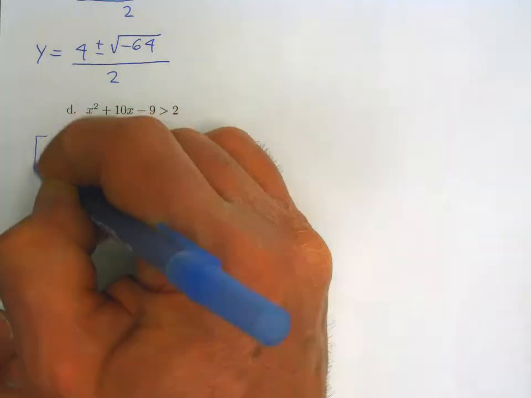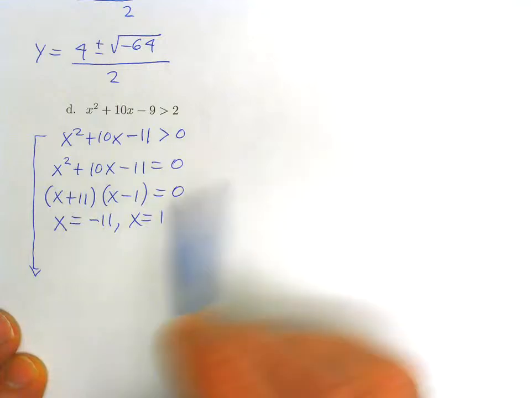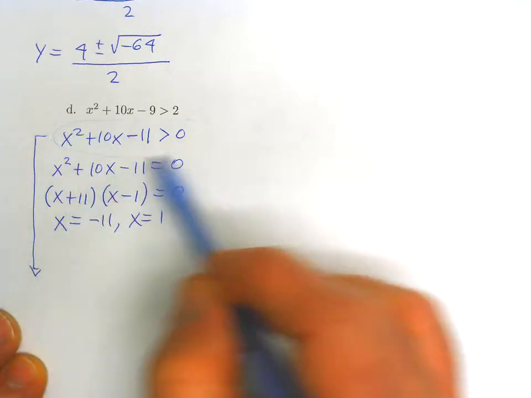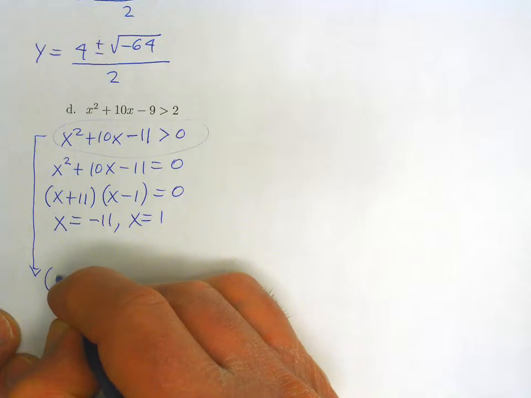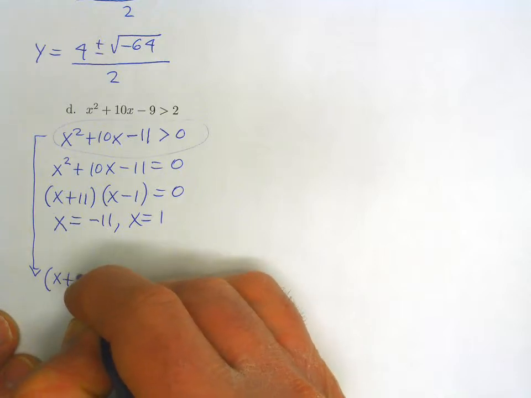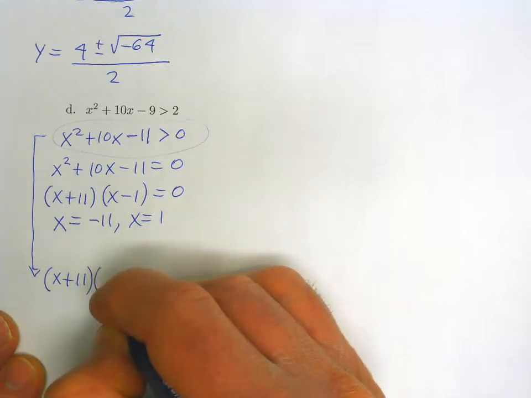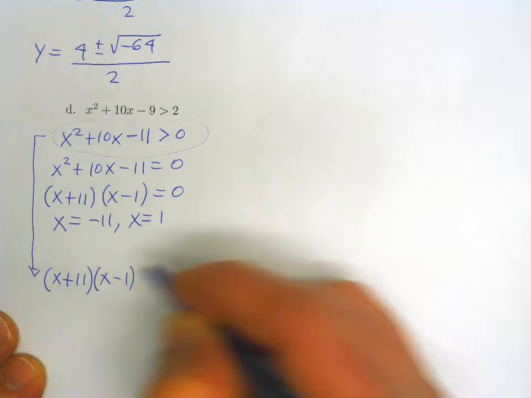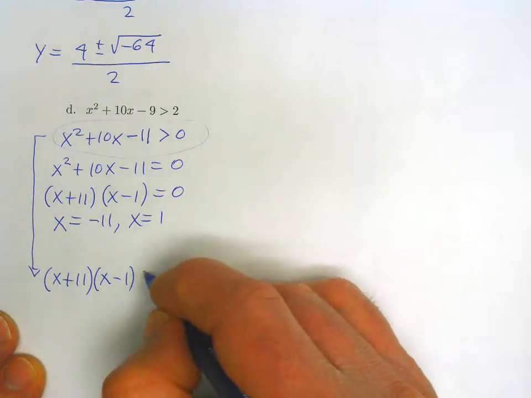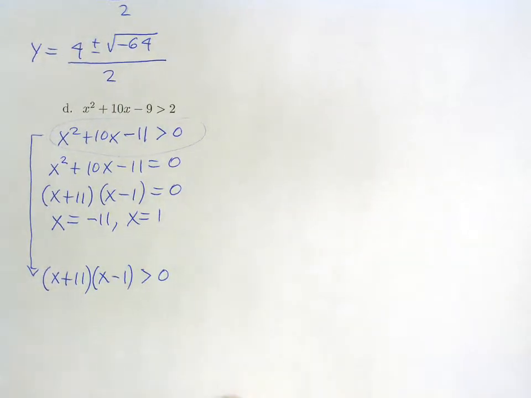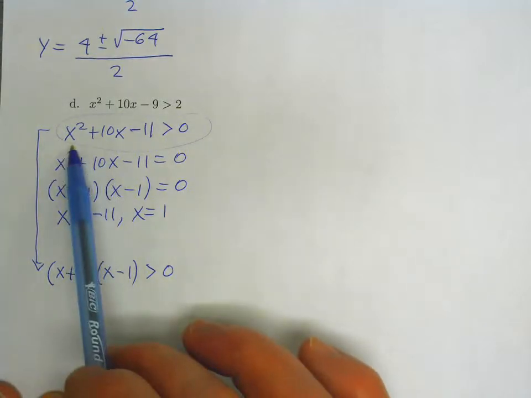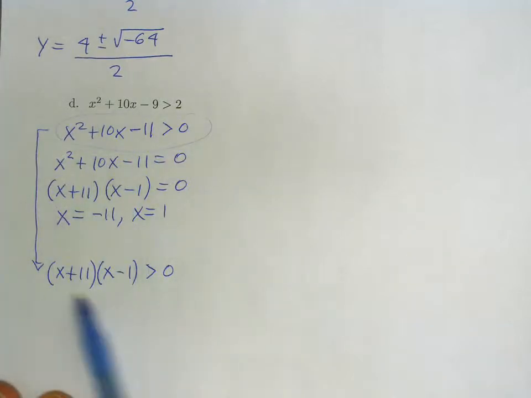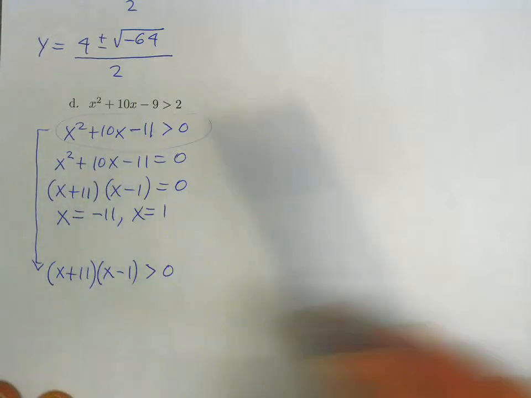So I want to point out something here. Using this inequality with the left-hand side in factored form can be a convenient way to test your test points. So this inequality is equivalent to this one because the left-hand side is just the factored form of that one.